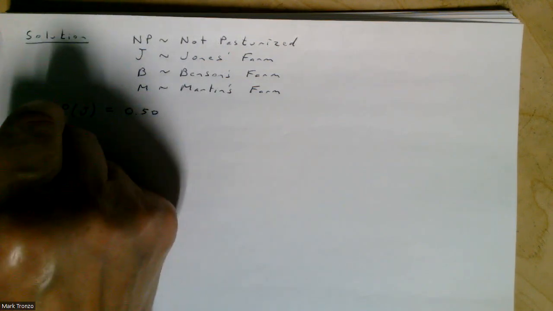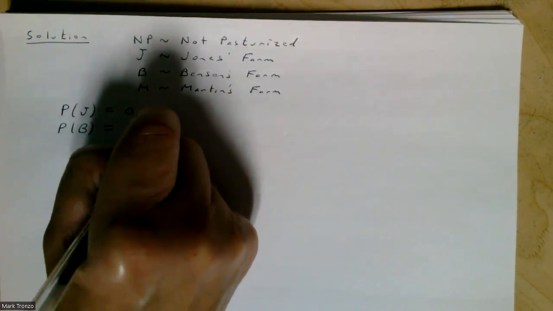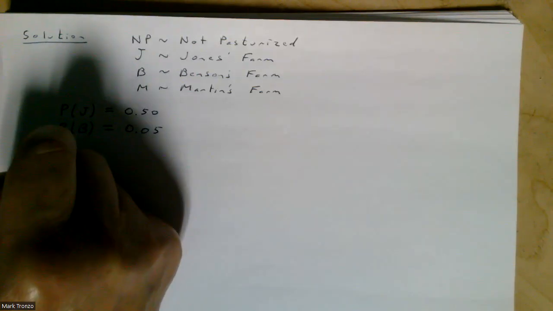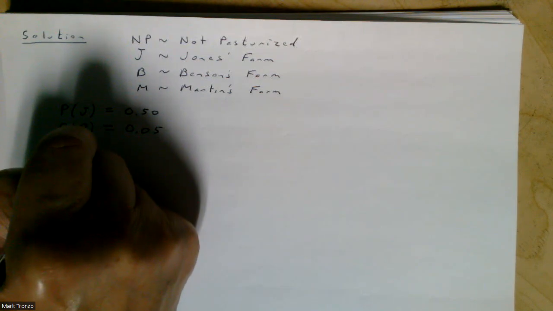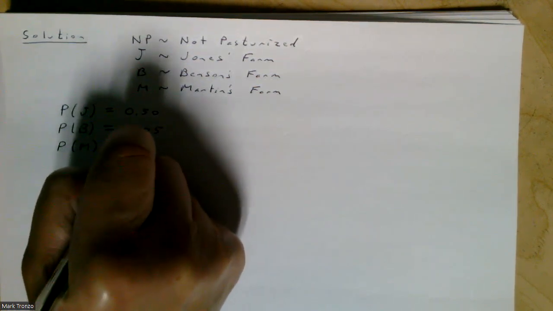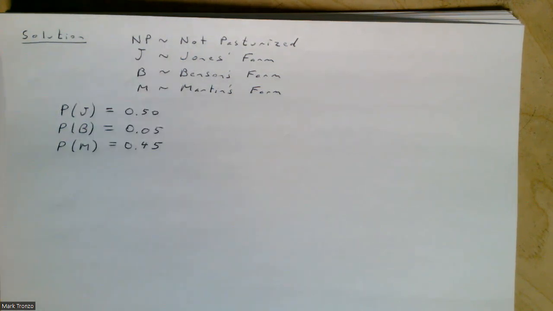And then the probability that it came from Benson's farm is 0.05 because only 5% of the bottles were from Benson's farm. And finally, 45% of the bottles were from Martin's farm.